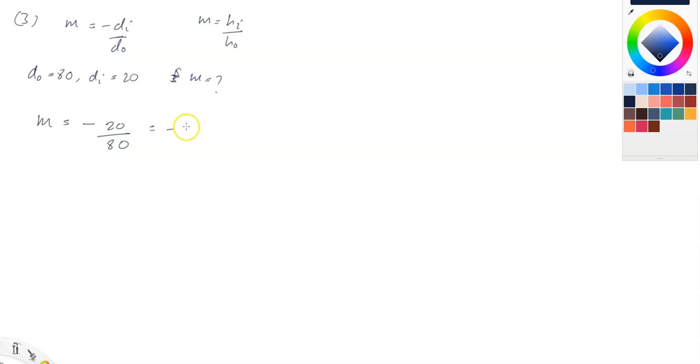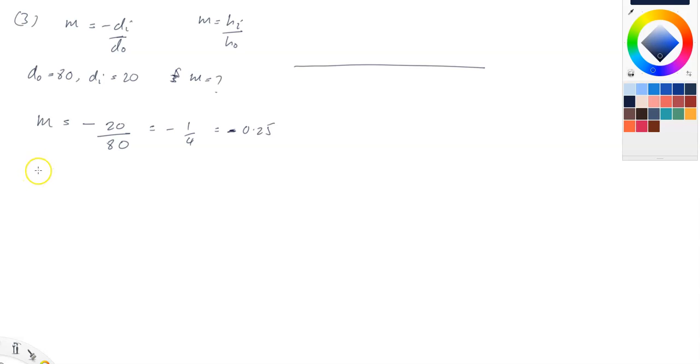Negative 1 over 4. Negative 0.25. That is the magnification, right? So negative means upside down, small image. If you want to draw it, you can do that.